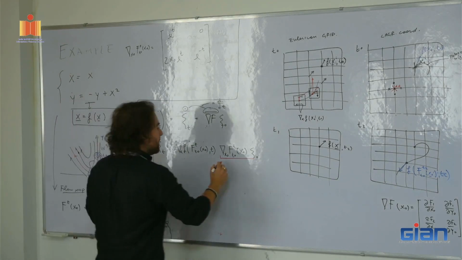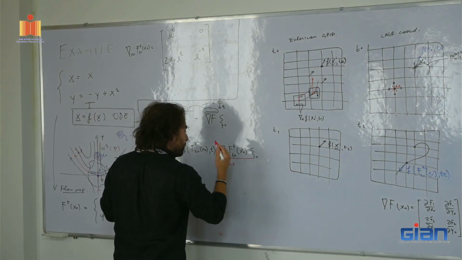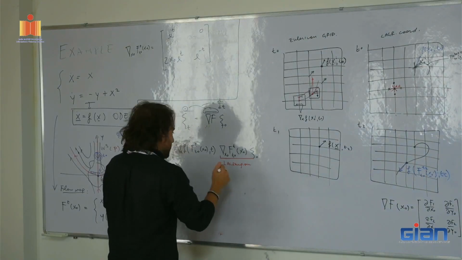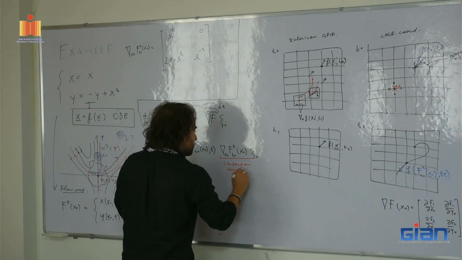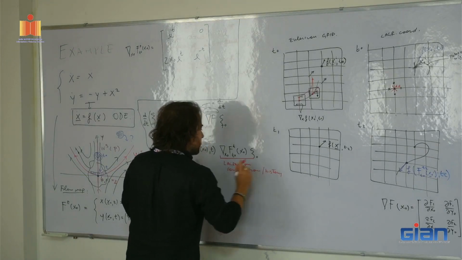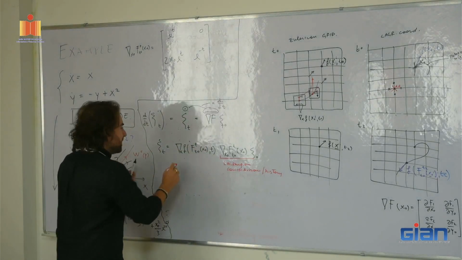So this is the Lagrangian memory, or Lagrangian contribution history. And this other one is instead the instantaneous contribution.